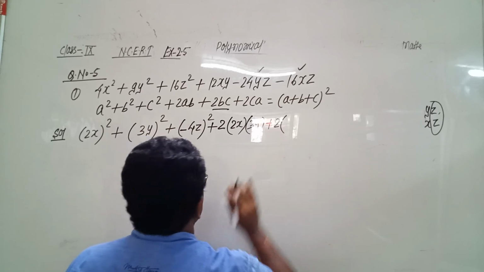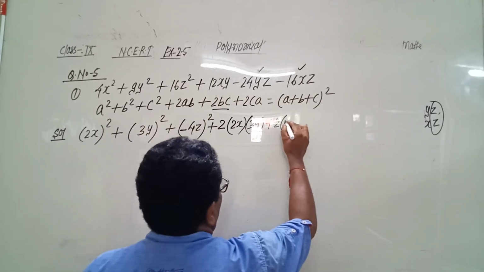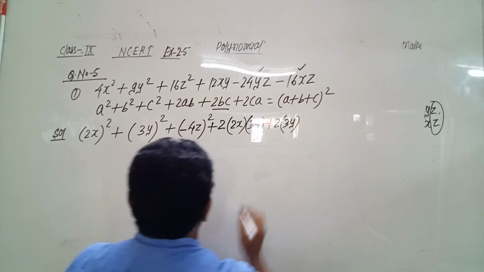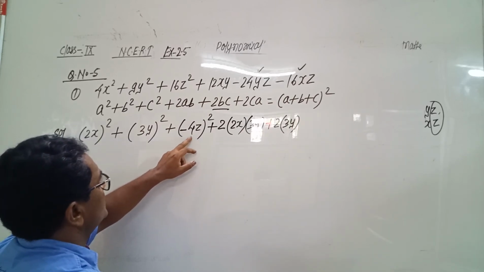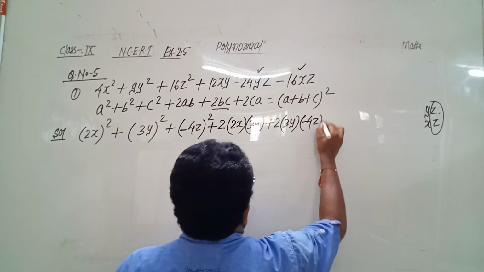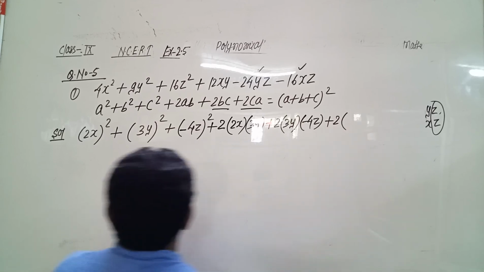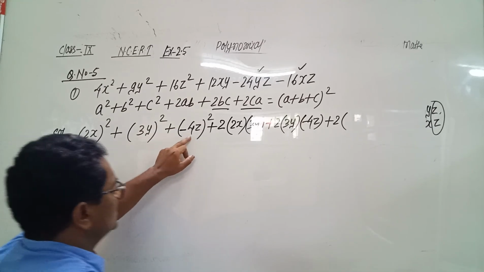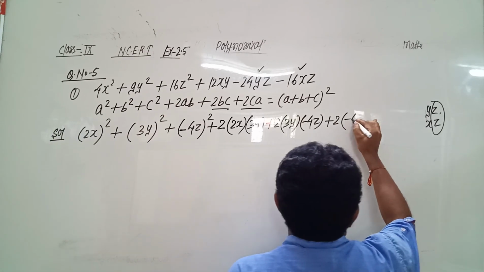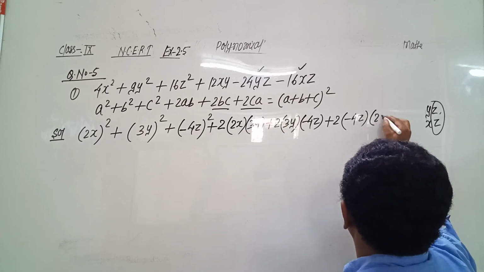So 2 as it is, at the place of b there is 3y, and at the place of c there is minus 4z. Then we write the term 2ca. 2, the value of c is minus 4z, and the value of a is 2x.